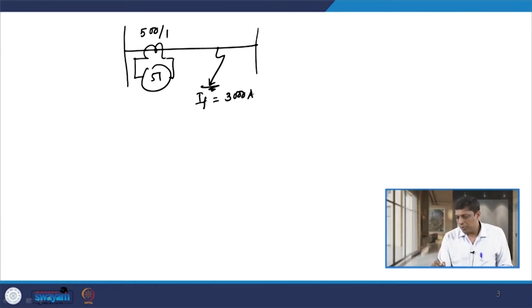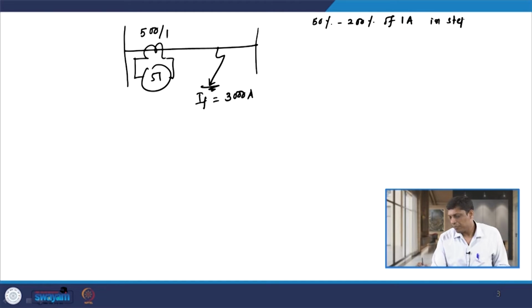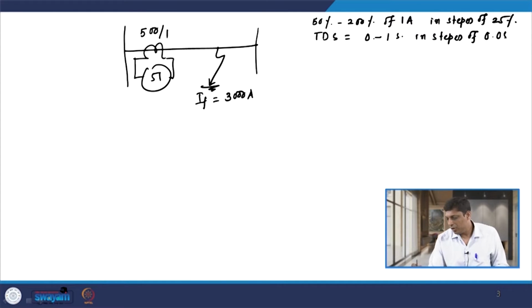For the relay 51, the setting range is 50% to 200% of rated current, that is 1 ampere, in steps of 25%. The time dial setting range of this relay is 0 to 1 second in steps of 0.05 second. So, this is also given.